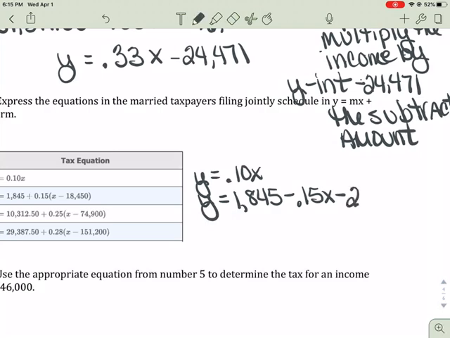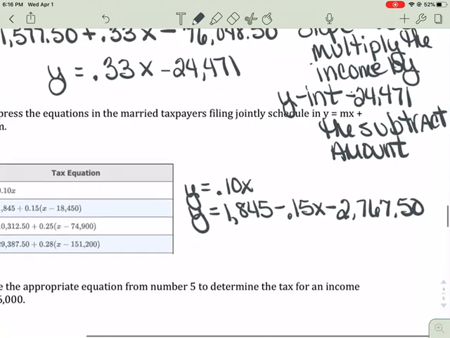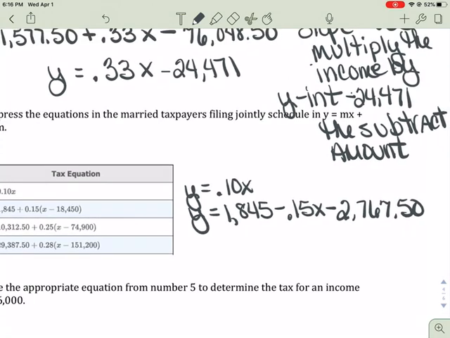I get 2,767.50, and then I'm going to do 1,845 minus 2,767.50. Okay, so this is negative 922.50.